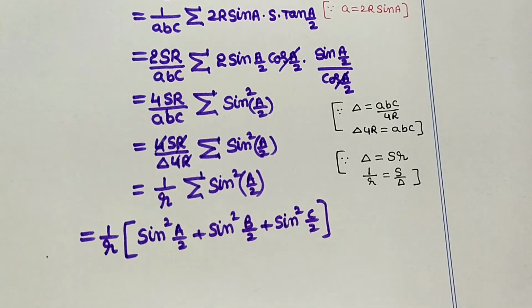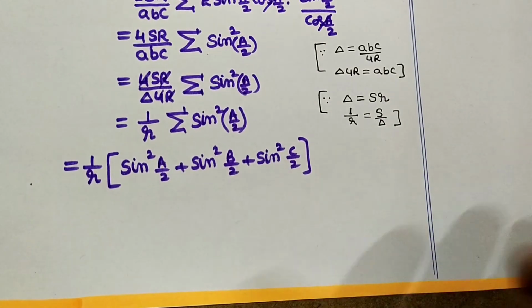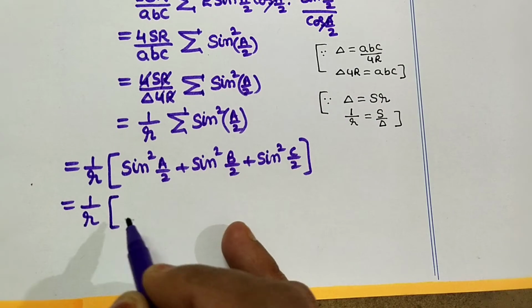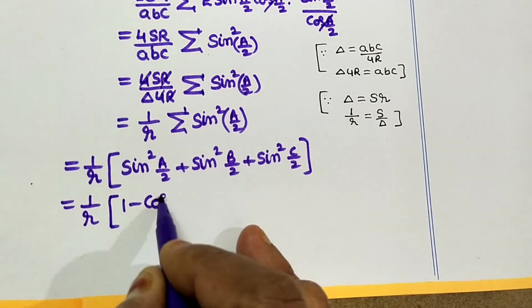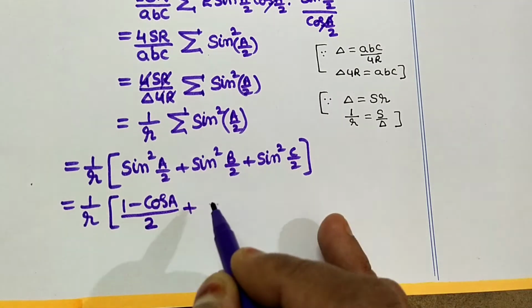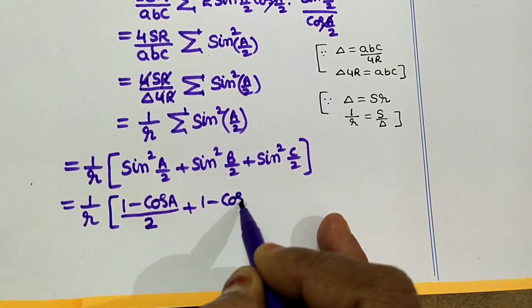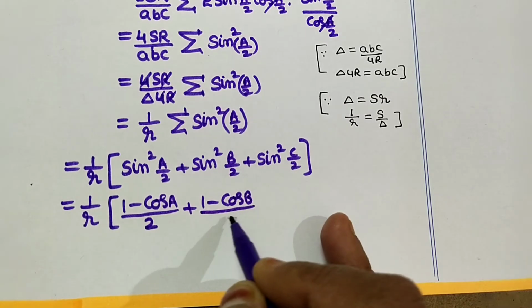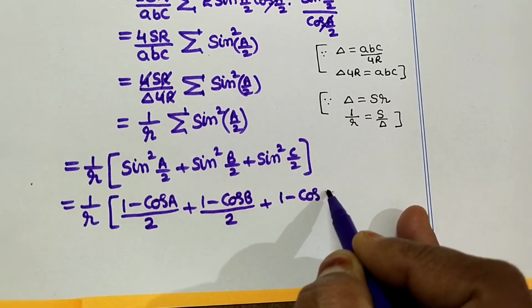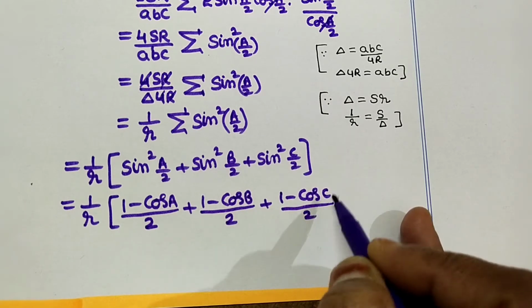After that, sin square A by 2 equal to 1 minus cos A by 2. So which is equal to 1 by R, 1 minus cos A divided by 2 plus 1 minus cos B divided by 2 plus 1 minus cos C divided by 2.